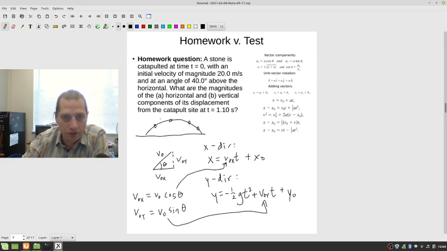So this is an earlier time, later time, and then once you hit the ground, the model stops working because you're not under that constant acceleration regime anymore.